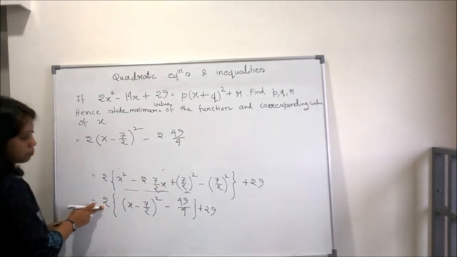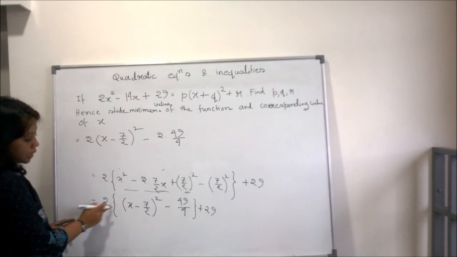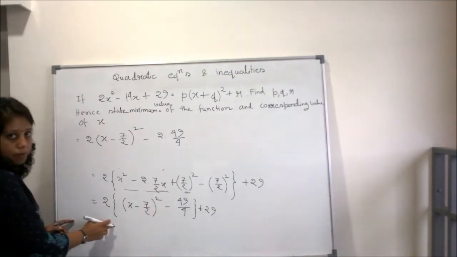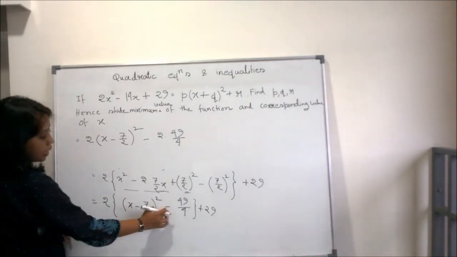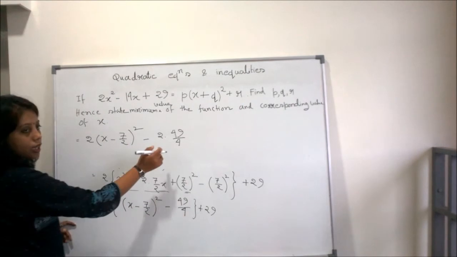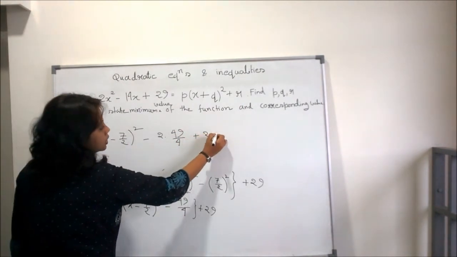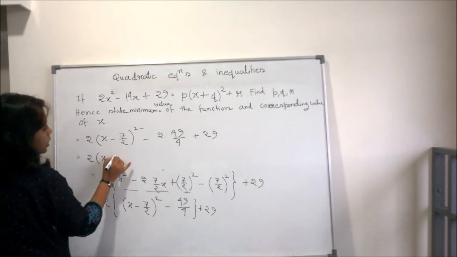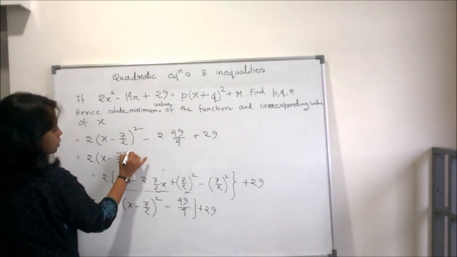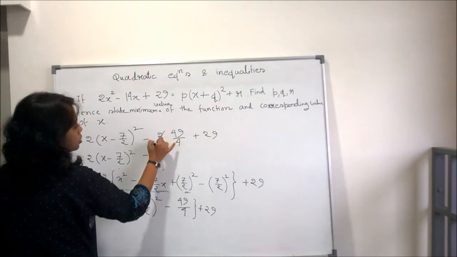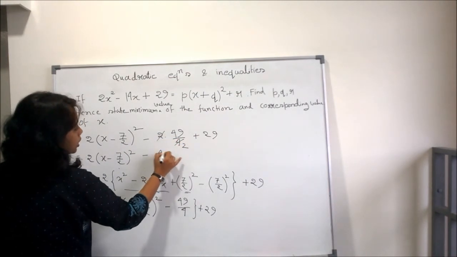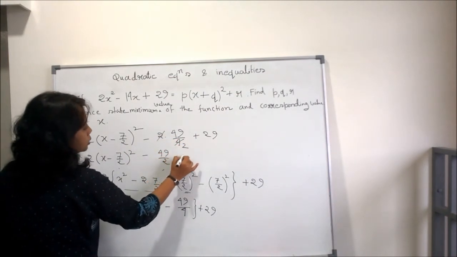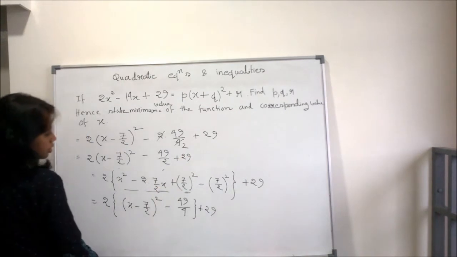We are just multiplying by 2 and removing the curly brackets from here: 2 into this minus 2 into this, plus 29. So we are left with 2(x − 7/2)² − 49/2 + 29.